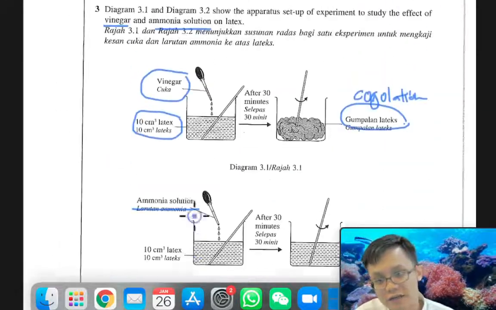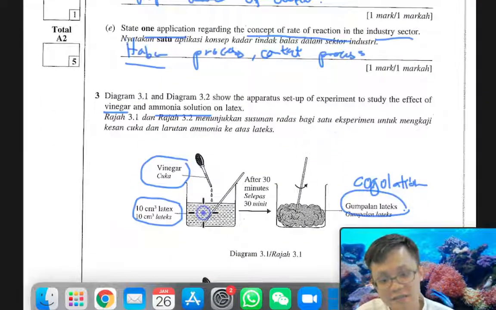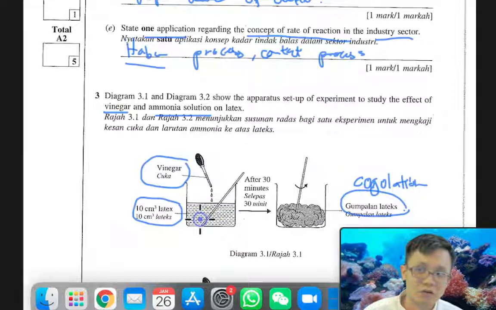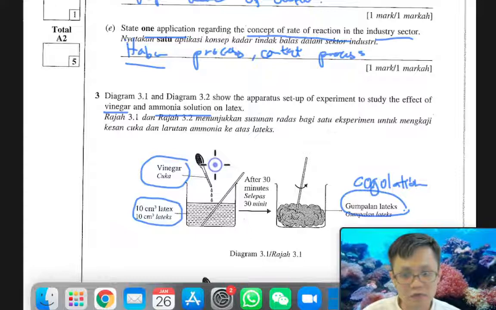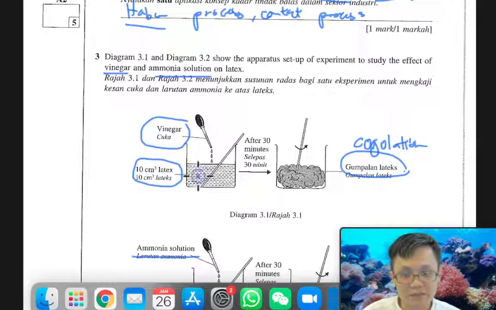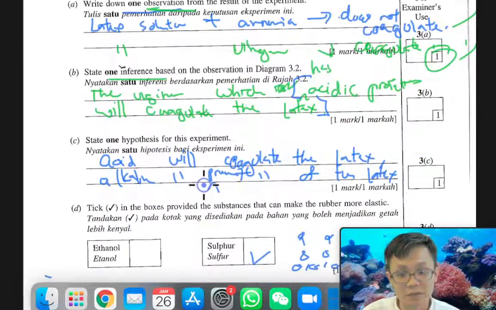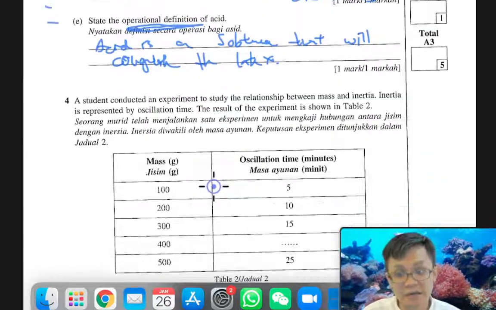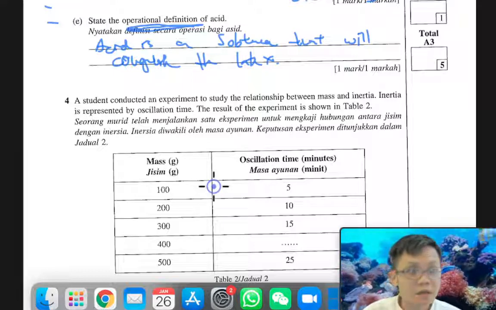When you are doing an experiment, you will have your own hypothesis, your own problem statement, your own variables, and there are a few keywords that you want to key in, like the operational definition for acid, operational definition for alkaline. You want to state in your paper so that it brings clear understanding to the reader.